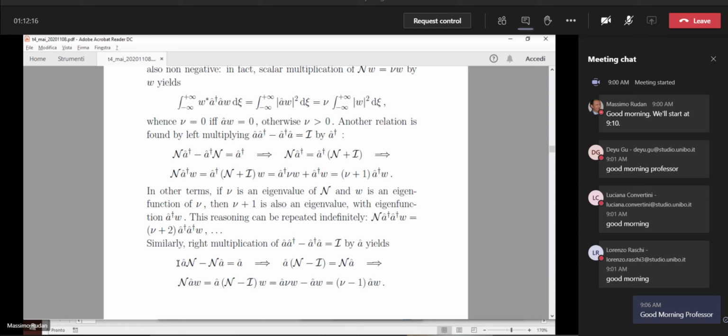What we obtain is that A followed by N minus the identity is equal to N followed by A.